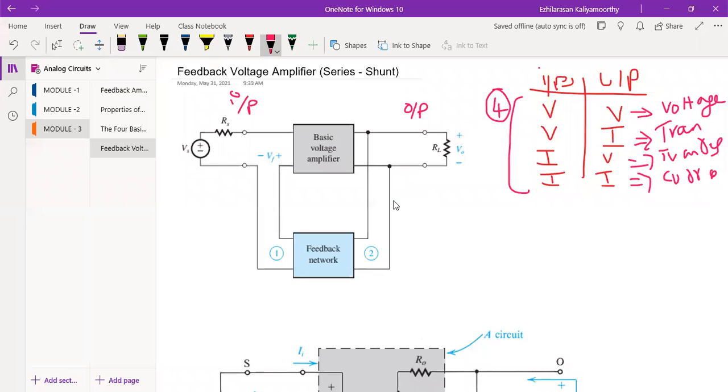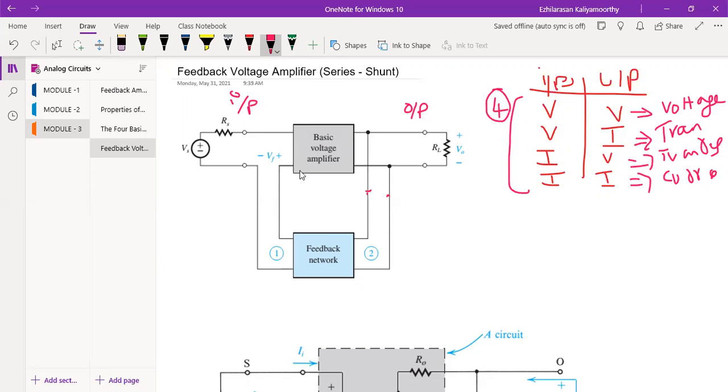So we are going to measure the output voltage here in parallel. You are taking two points across the feedback network. Keep it in your mind: if you want to measure the output voltage, you just connect one voltmeter.